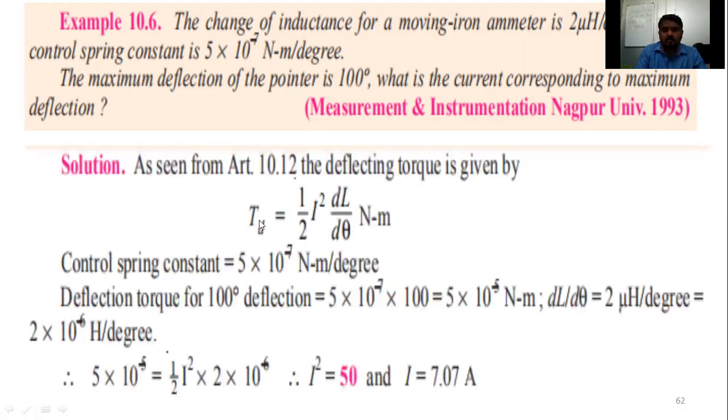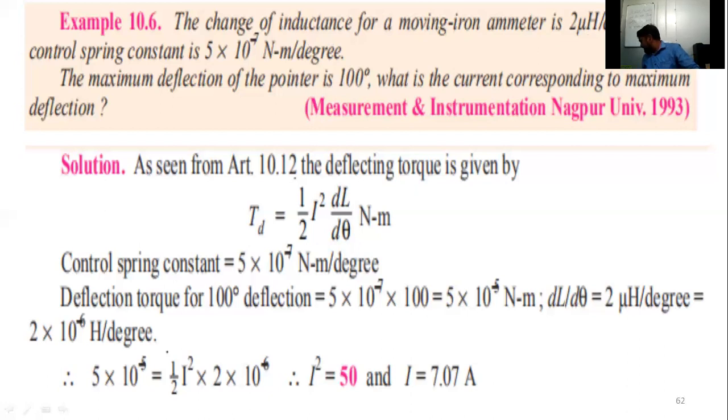See here. We know the formula first: T_D = 1/2 I² dL/dθ. Now the change of inductance, listen carefully. The change of inductance for the moving iron instrument they have used here is 2 microhenry per degree.